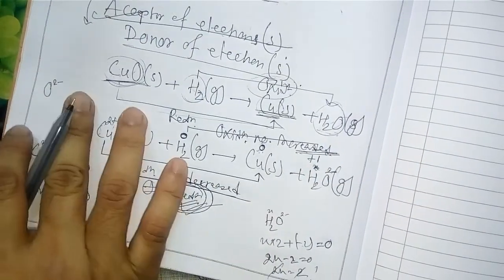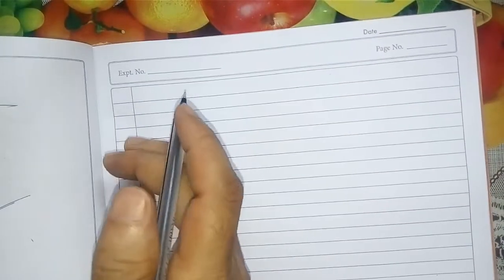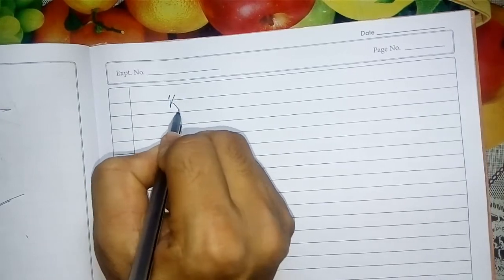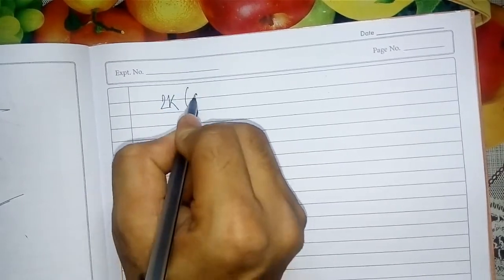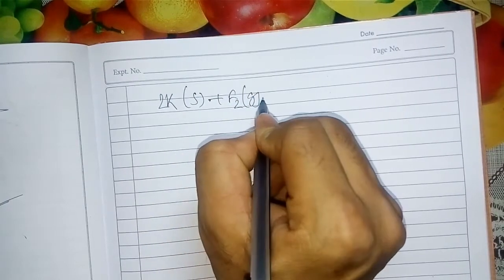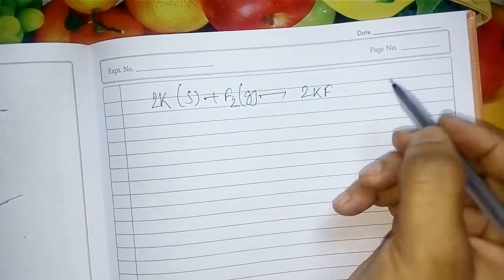Another example: 2K in solid state plus F2 in gaseous state gives 2KF.